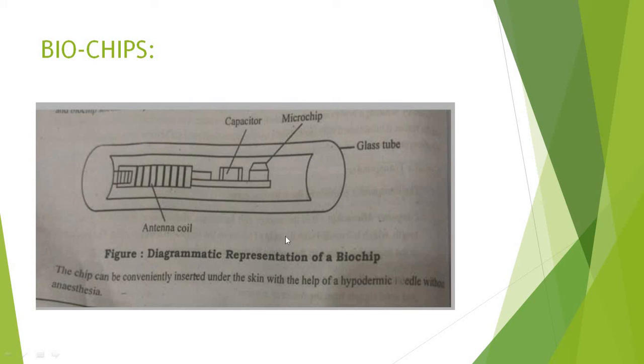The size of this capsule will be about the size of an uncooked grain of rice, and this chip can be conveniently inserted under the skin with the help of a needle without the anesthesia also. So this is performing multiple functions.